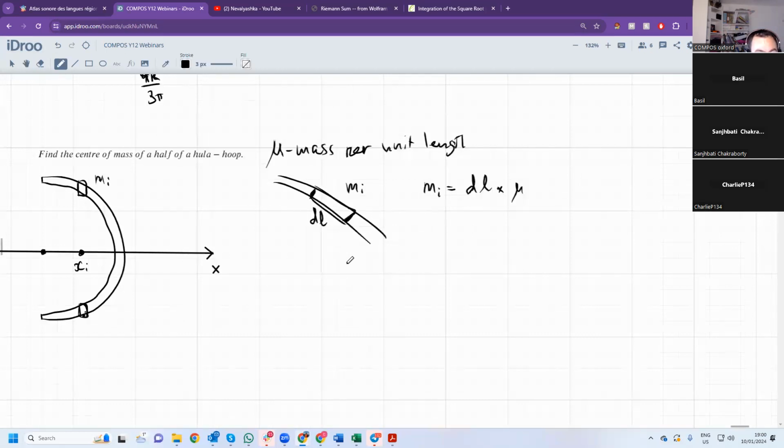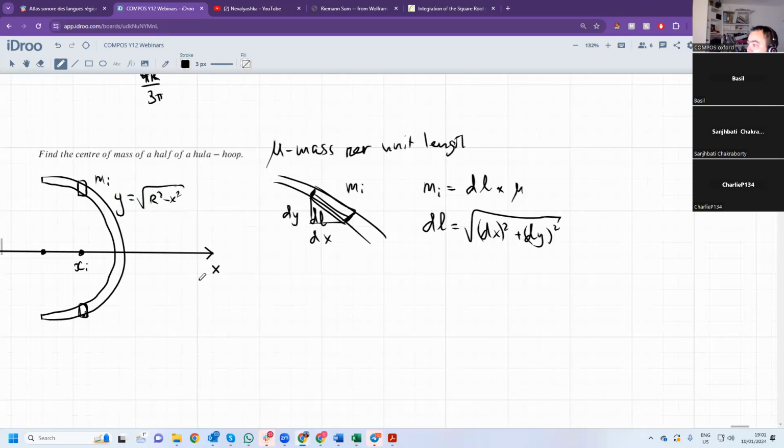Now dl is at an angle, and you can use Pythagoras. This is dy and this is dx. So dl is the square root of dx squared plus dy squared. Because it's a circle, you already know that y is equal to the square root of r squared minus x squared.